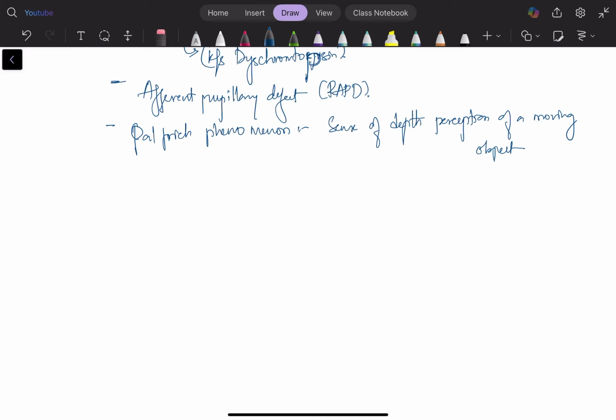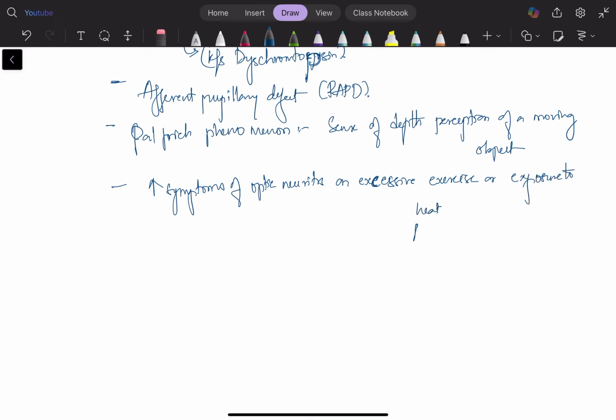Then we have one more symptom: increased symptoms of optic neuritis on excessive exercise or exposure to heat.